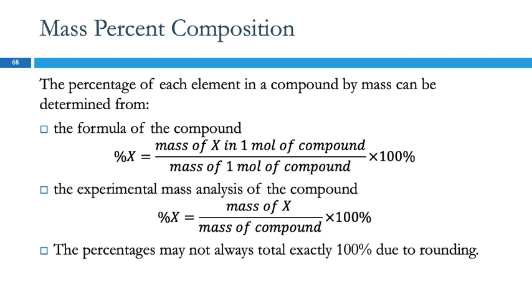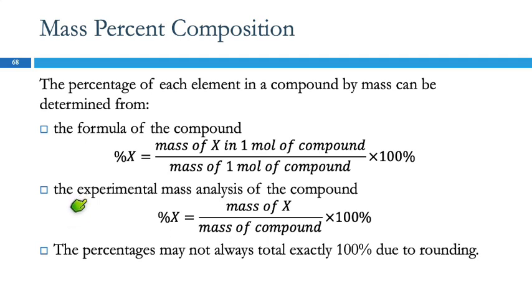That's what's nice about percentages. They're relative. So they give you a formula and they want a mass percent, and you're like, but what size is the sample? And they're like, it doesn't matter. That means you can choose something that's easy. 1 mole is easy. So we just choose 1 mole, find the mass of element X in 1 mole of the compound, divide by the mass of the whole compound.